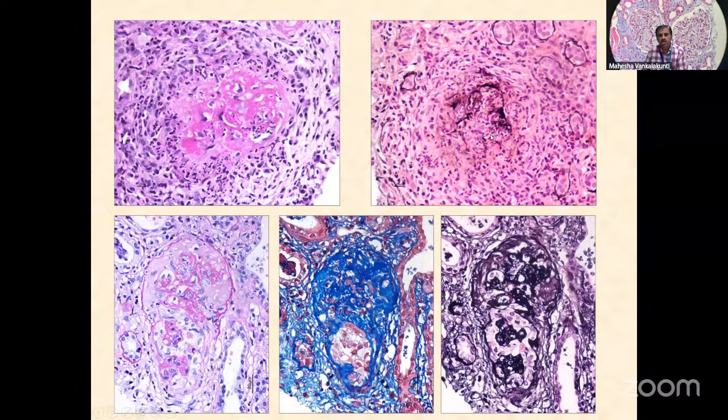In the H&E, this would be very tough to identify as a glomerulus, whereas in the PAS or in the silver stain, the destroyed capillary walls or some remnants of the capillary network would be seen. And as I said earlier, this is how the fibrous crescents look.